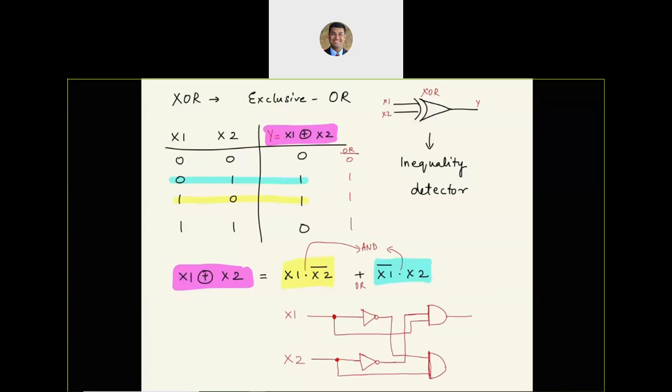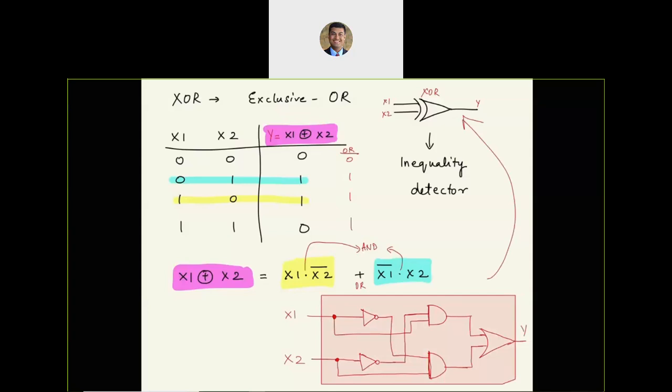And the outputs of the AND gates will feed in to an OR function. So that's our exclusive OR logic gate. The output over here as well.